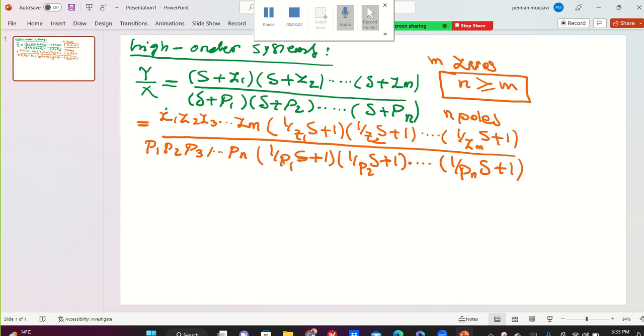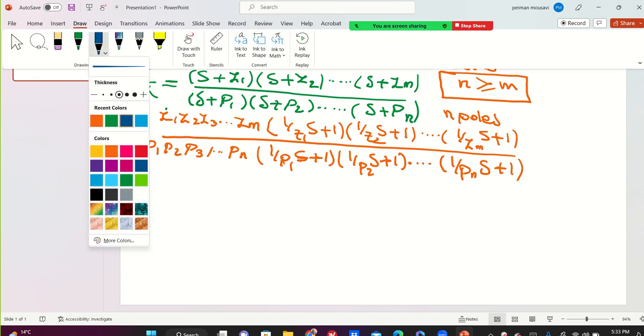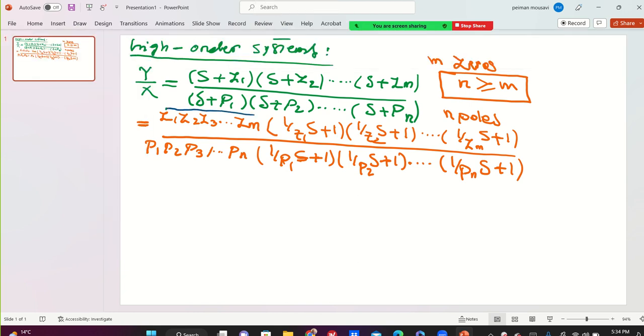Clear everybody? Yes, everybody? So, these are constant numbers. So I can say this is a gain, capital K.